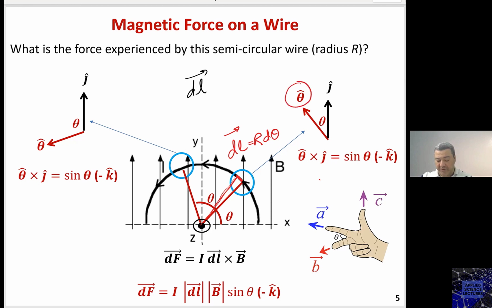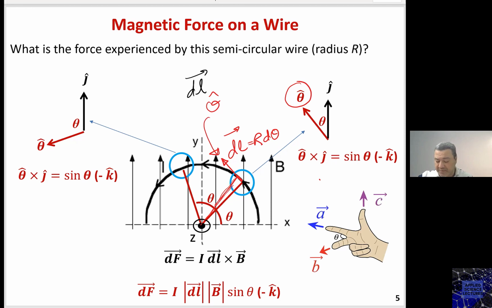What is theta hat here? Theta hat is the tangential component on the semicircular path here. So this one is my theta hat that is drawn in here, and I have the magnetic field pointing upward. So basically, I'm looking now at two unit vectors. One of them is for the variable theta that is tangential on this circular path, and it is also perpendicular to this radial.